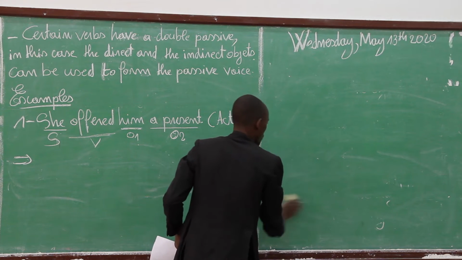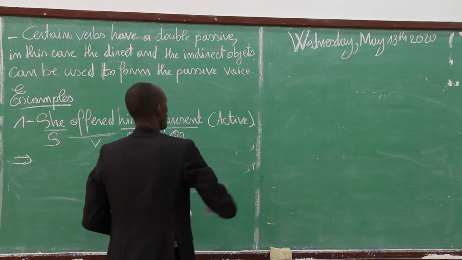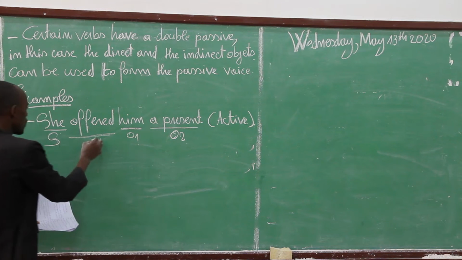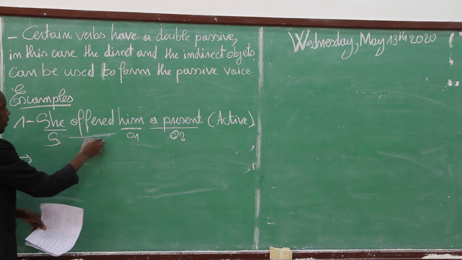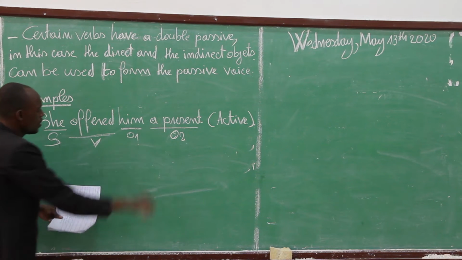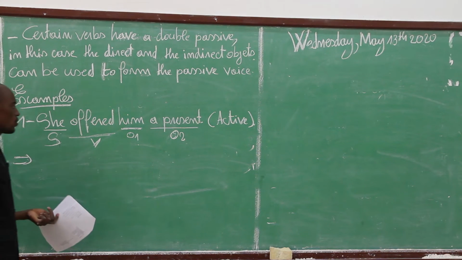We have the subject, verb, object number 1, and at the end object number 2.